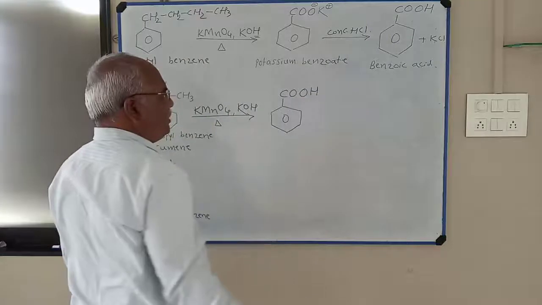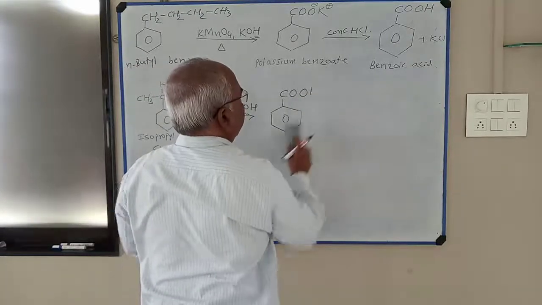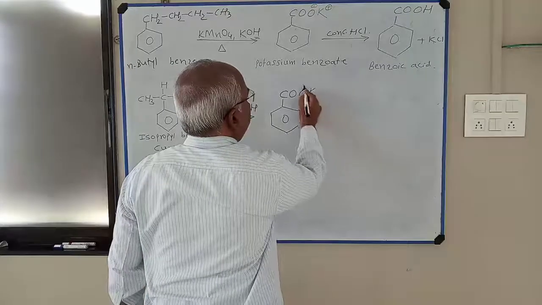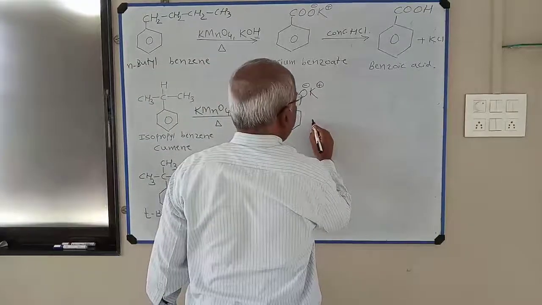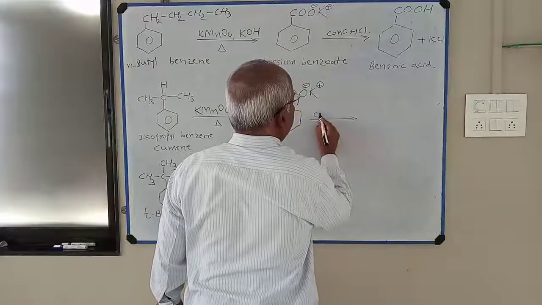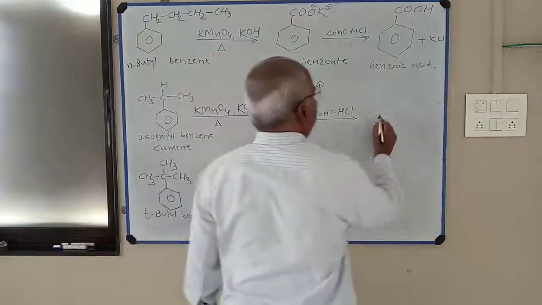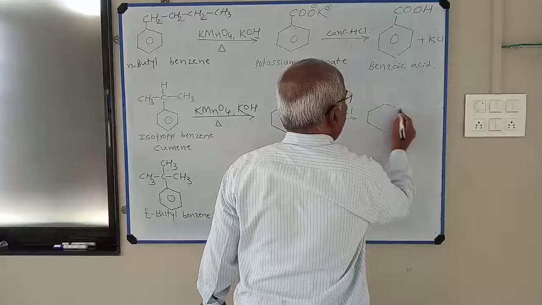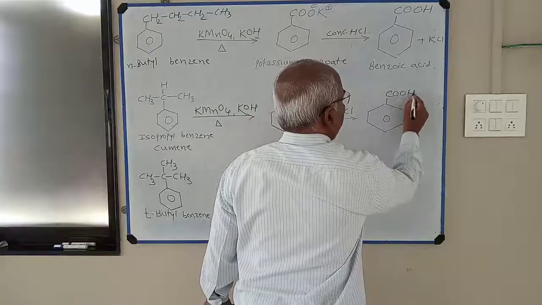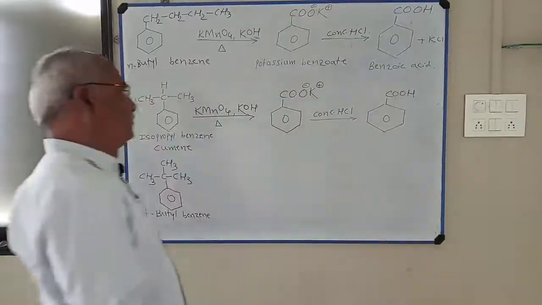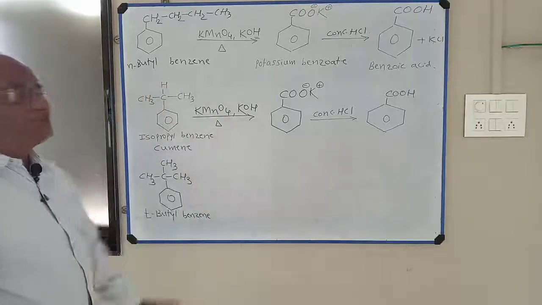COOH, benzoic acid is produced, but it immediately reacts with KOH and potassium benzoate is formed. This potassium benzoate on treatment with concentrated HCl gives benzoic acid. Oxidation of both these groups takes place.